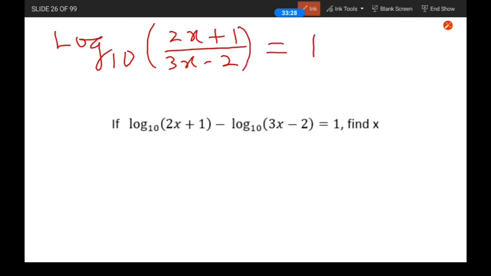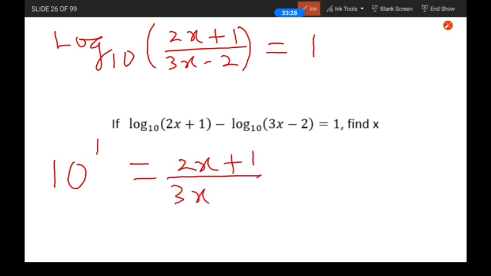So base 10 is common and we have a negative sign between them. You divide. Using that law again, you're going to be having 10 raised by 1 equals 2x plus 1 over 3x minus 2. Is that okay?